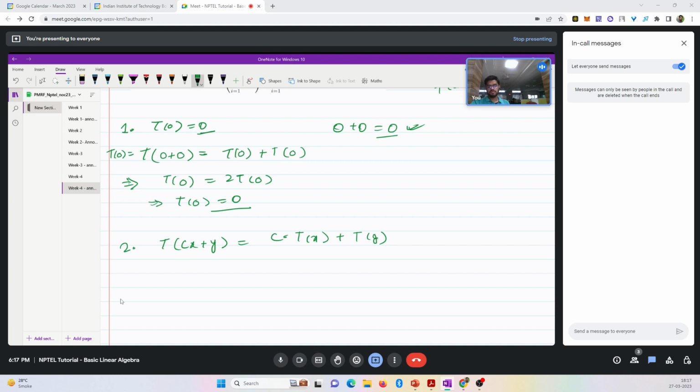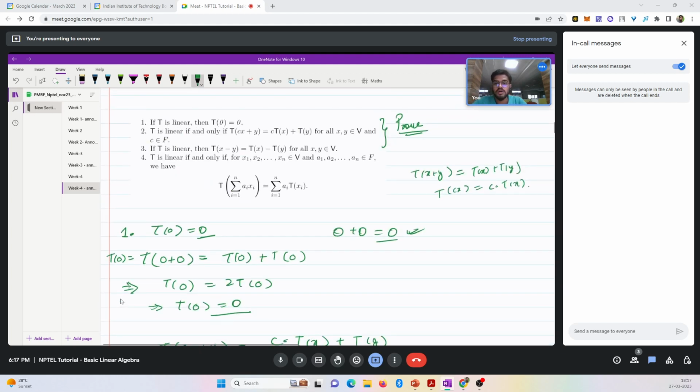You already know that T of x plus y is equal to T of x plus T of y. So if you break the LHS, this is equal to T of cx plus T of y, and you can take the c out. This gives you c T of x plus T of y. So this property was quite easy.